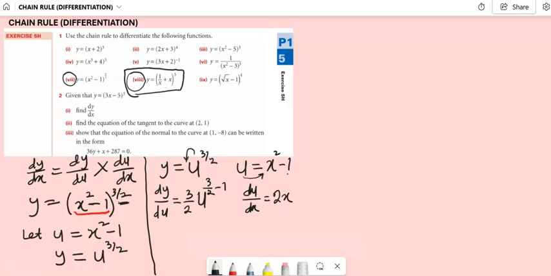So in this case, I already have my dy du equal to 3 over 2 u, 3 over 2 minus 1, which gives me 1 over 2. And also, I have my du dx, which is already equal to 2x.